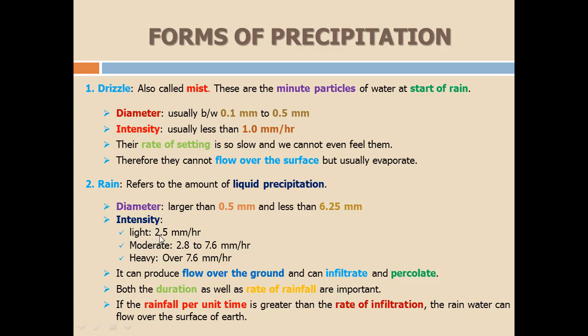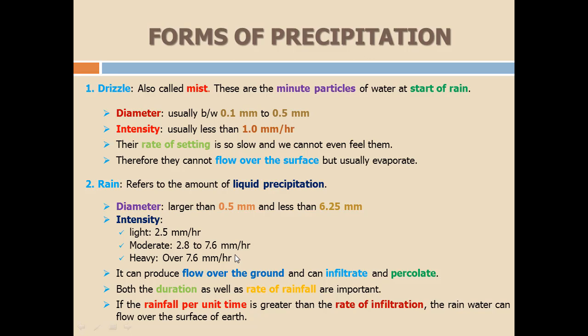So from 1 millimeter to 2.5 millimeter per hour, rain is known as light rain. And if the intensity increases from 2.5 up to 7.6 millimeter per hour, then the rain is named moderate rain. And if the intensity is more than 7.6 millimeter per hour, then it is called heavy rainfall.